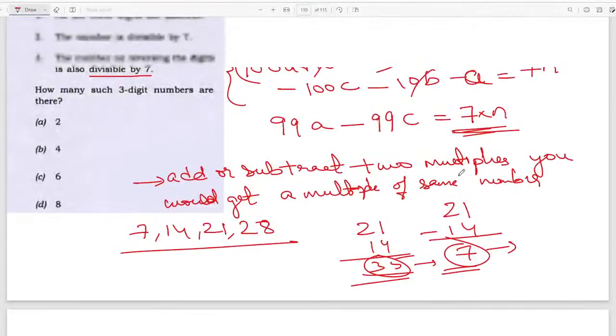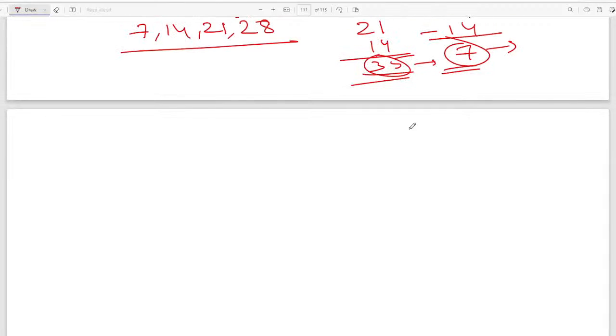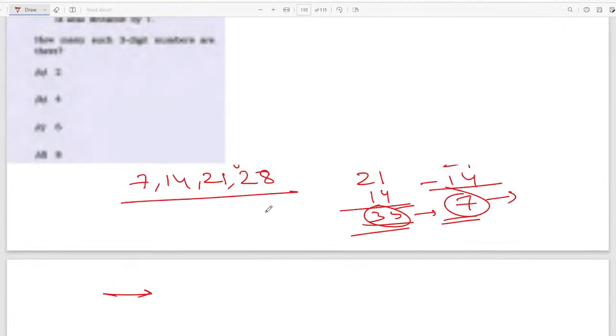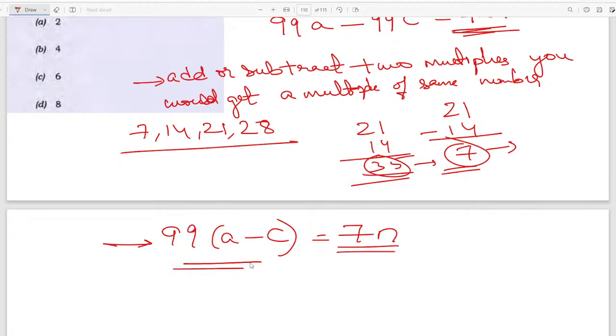And here, by doing that, I have eliminated B. So this becomes 99 times (A minus C) is equal to 7n, because this is a multiple of 7.